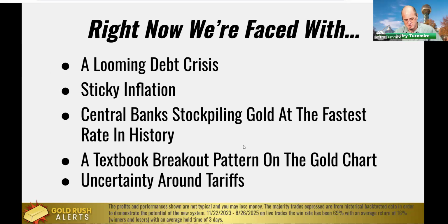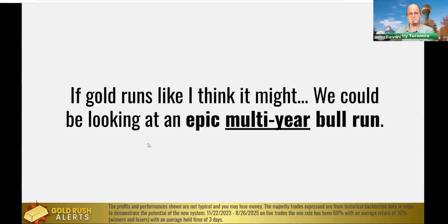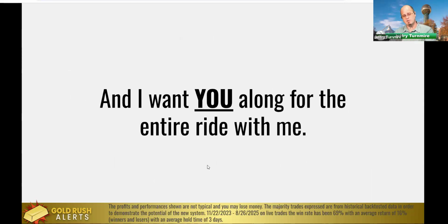If you haven't paid attention, we've got commercial real estate debt crisis that nobody's talking about. We've got sticky inflation, 2.9% on the core PCE. We've got central banks stockpiling gold at the fastest rate in history. We've got a textbook breakout pattern on gold, uncertainty around tariffs. All the stuff just keeps piling up. If gold runs like I think it might, we could be looking at an epic multi-year run. I want you along for the ride with me.